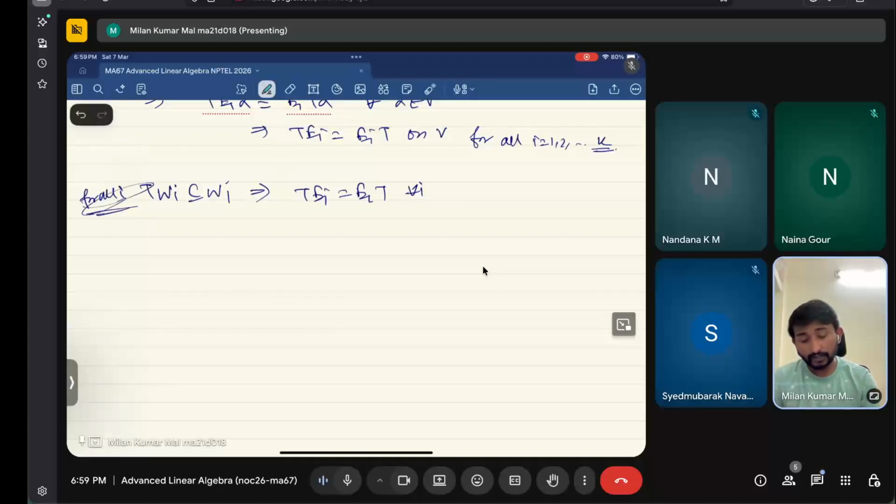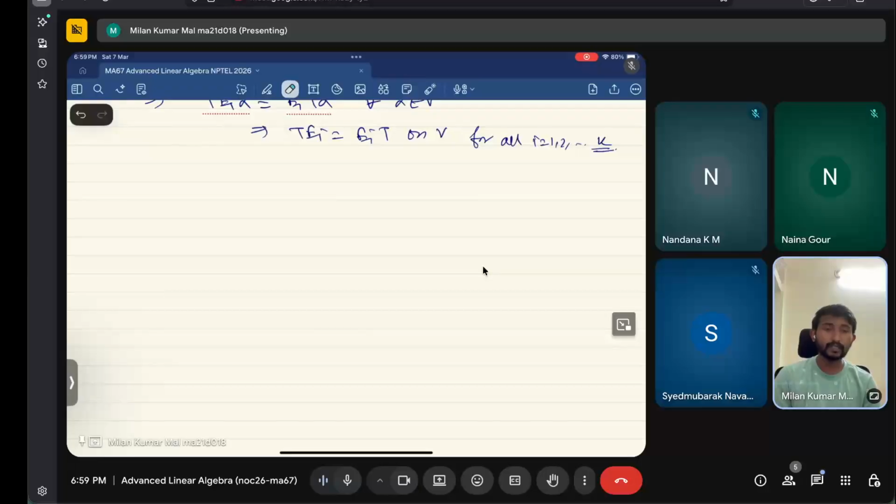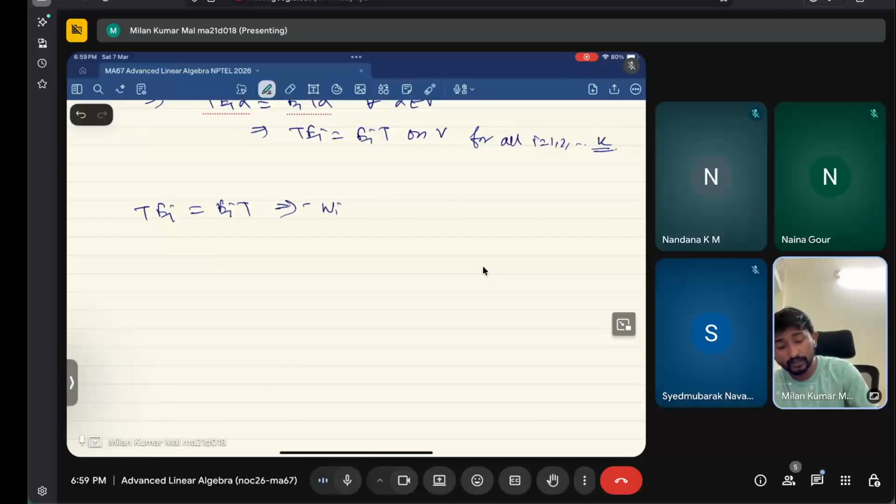So how this is proved is very easy. Basically I want to say that this individually is not possible. If I know that a fixed Wi, for example W1, is invariant under T, that does not imply that T will commute with E1. We have seen that if T commutes with a single Ei, that will say that Wi is invariant under T, right?